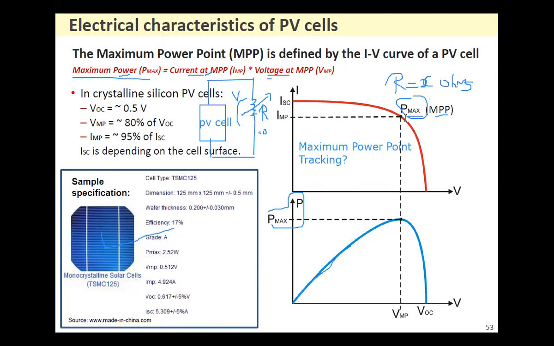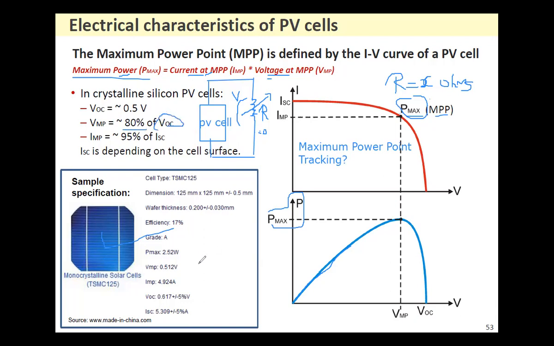And one more thing here: normally for this cell, we observe that at the maximum power point, the voltage is 80% of the open circuit voltage.